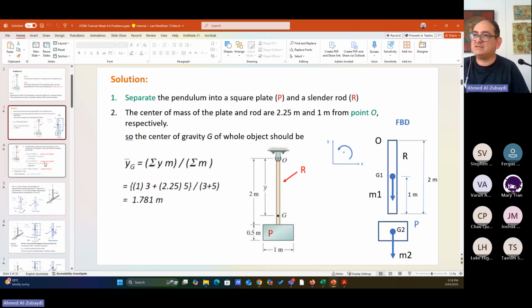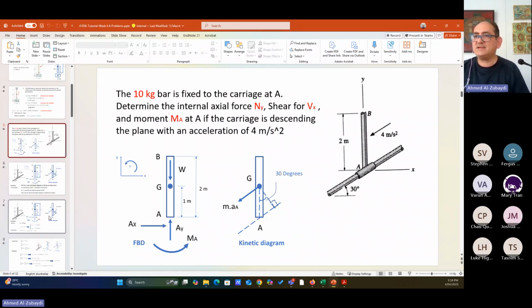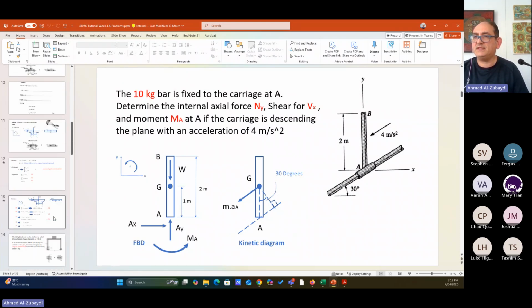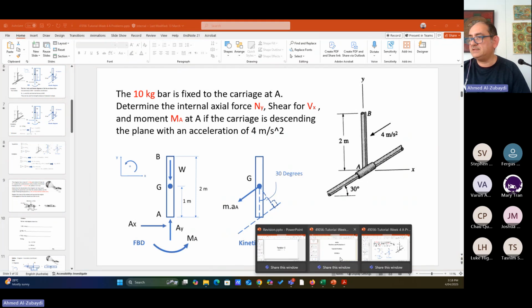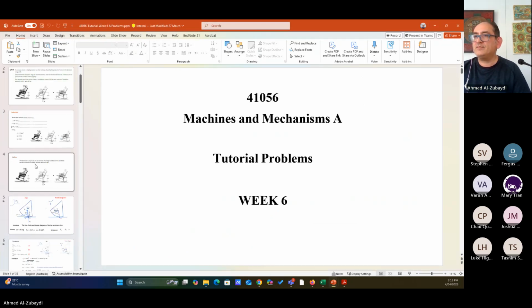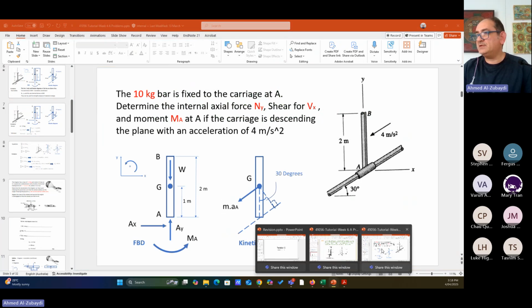Something here is similar to the guy who was pushing the bar that we covered in week 6, so it's worth covering week 6 as well. Let's cover week 4 first, then we'll come to this one.